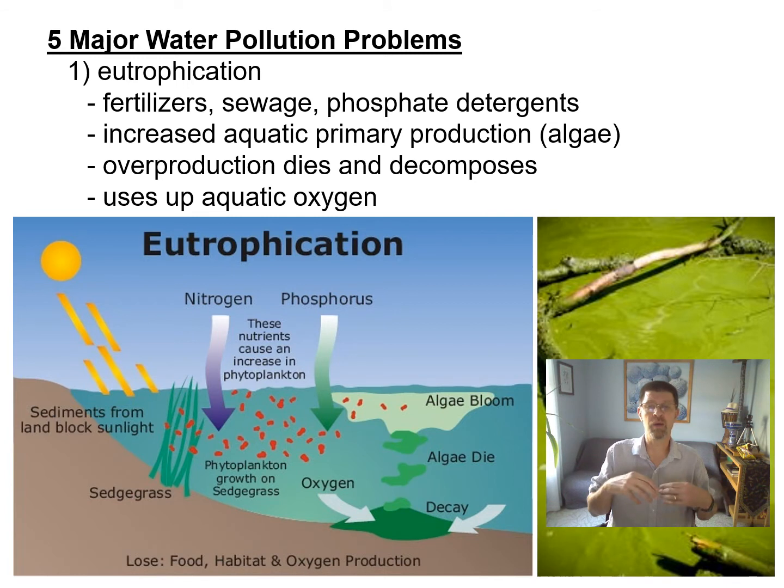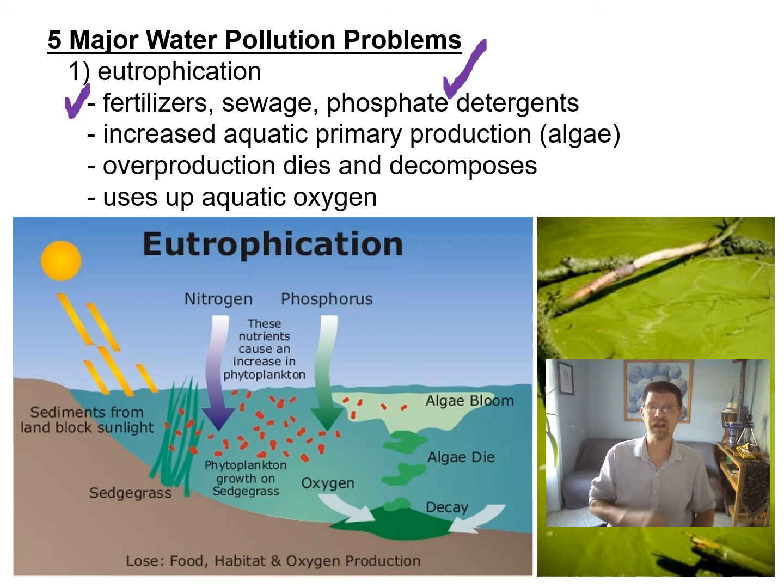So what it is, when we use fertilizers, when we dump sewage, when we use phosphate detergents, we are putting chemicals into the water that algae need in order to grow. When we learned about photosynthesis, we learned that nitrogen and phosphorus and potassium were really important nutrients.